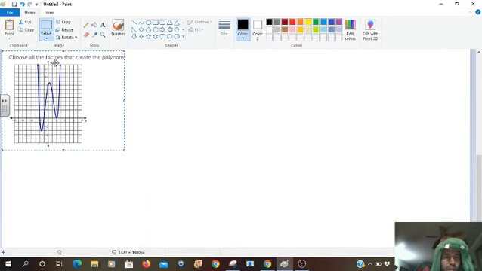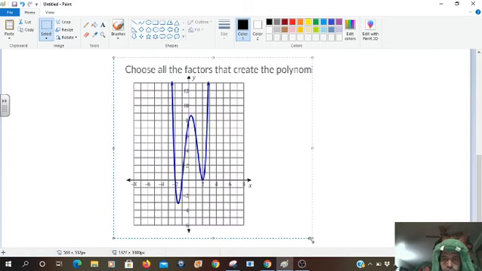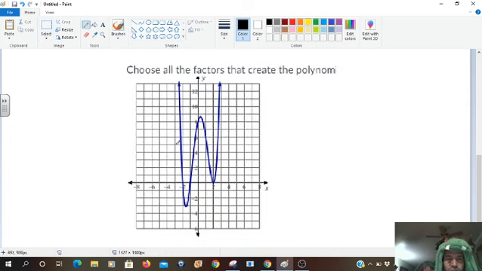If you take a look at this graph, let's zoom in a little bit. First of all, the graph is pointing up in two directions, so that means it's going to be like x squared or x to the fourth power. It's going upwards for the end behavior, so that's important to realize.